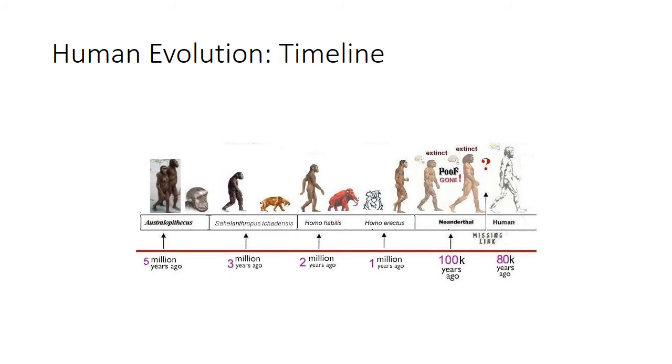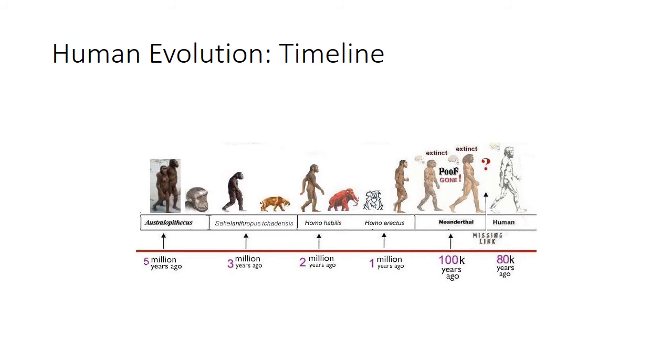They lived at the time when these big woolly mammoths lived, so that's about 2 million years ago. Then Homo erectus, a man who stood upright.